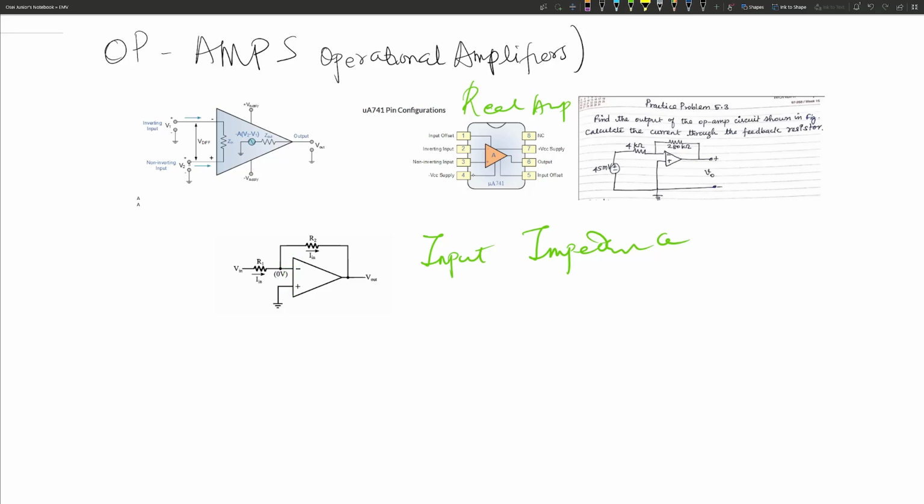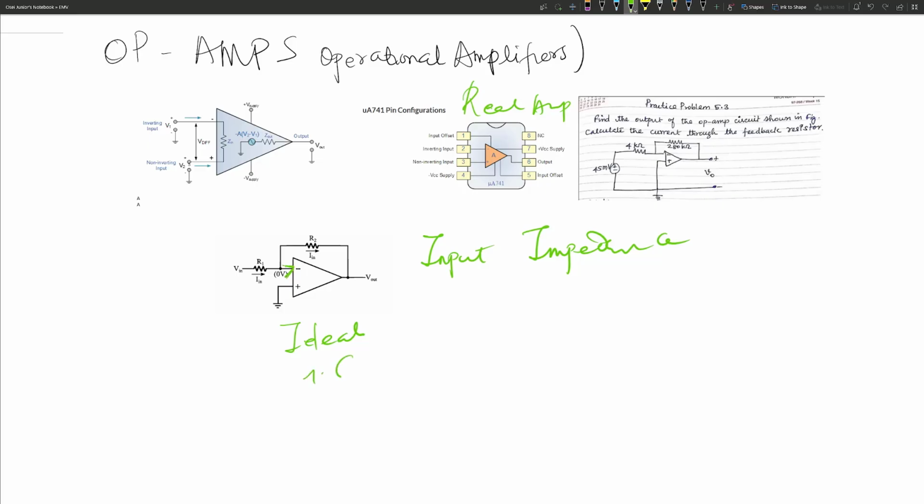Okay, so there are two types: real, like I said, and ideal. For ideal, there are two important things to know: the virtual mass, and also the current. I just stated that because the input impedance is going towards infinity, the current flowing through this terminal here is 0.